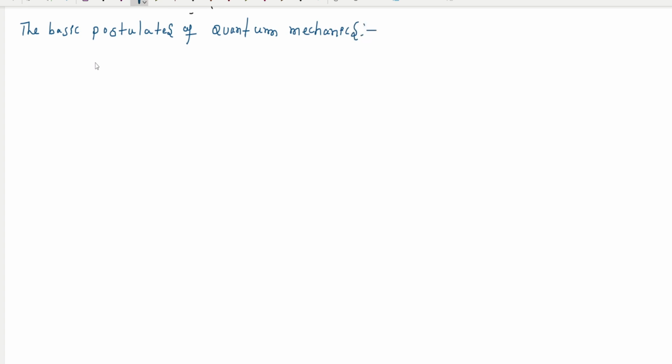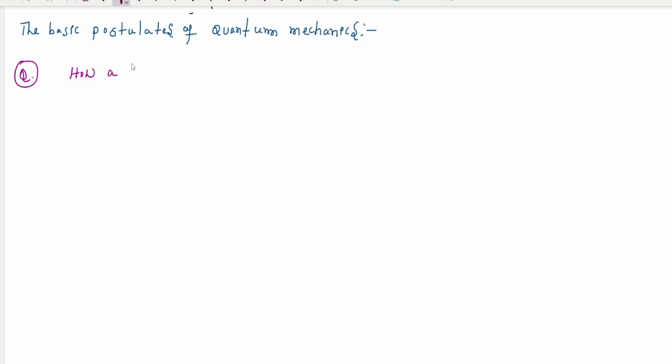So before entering this topic, here I'm going to frame a couple of questions. Number one is the first question: how is a quantum state described mathematically at a given time?